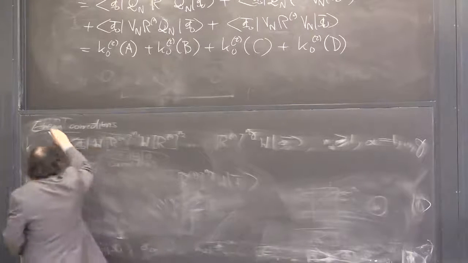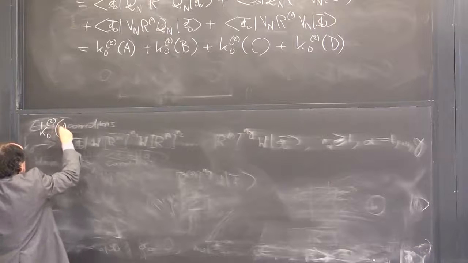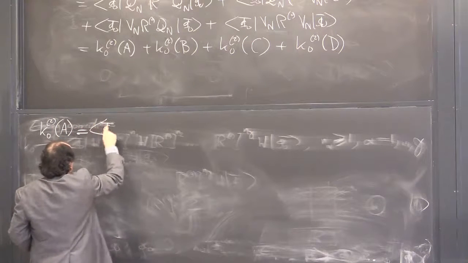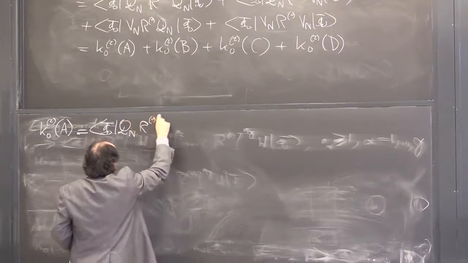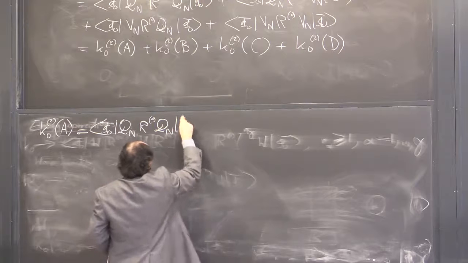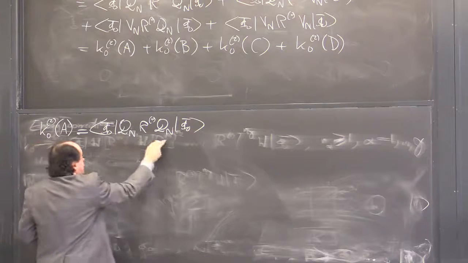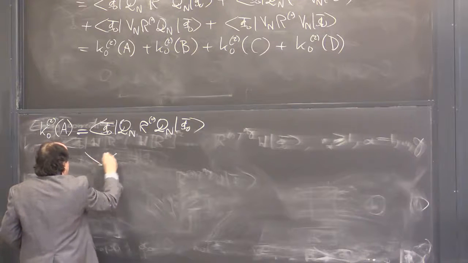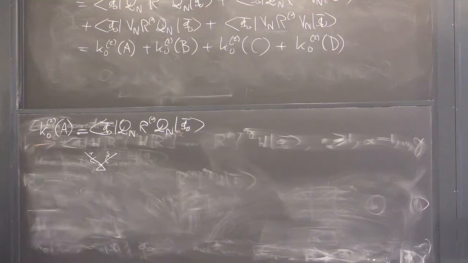Okay. So K02, the second order correction to the energy, the A contribution of it, which is phi 0, Qn, R0, Qn, phi 0. Well, what we need to do is consider a product of 3 operators represented diagrammatically. So for the Q, we have, say, R, S and a triangle hanging at the vertex.